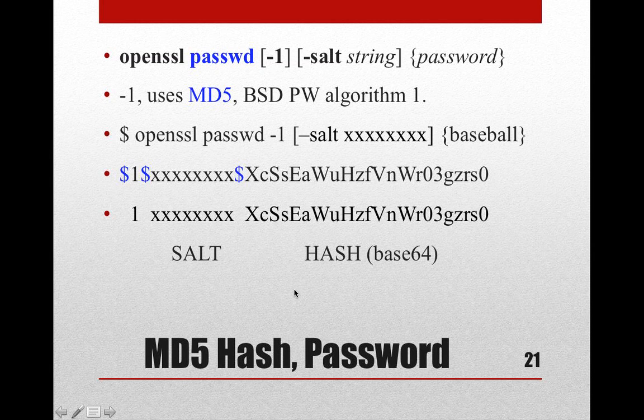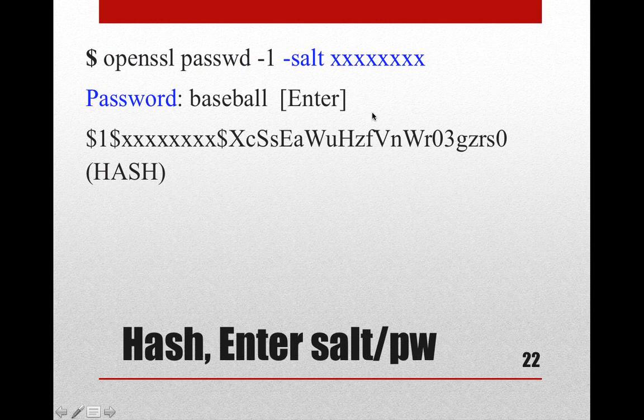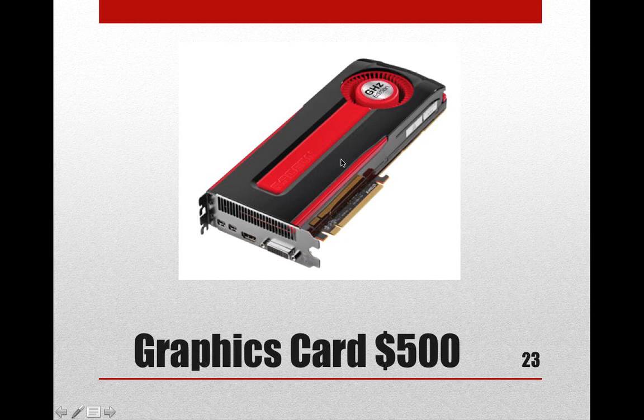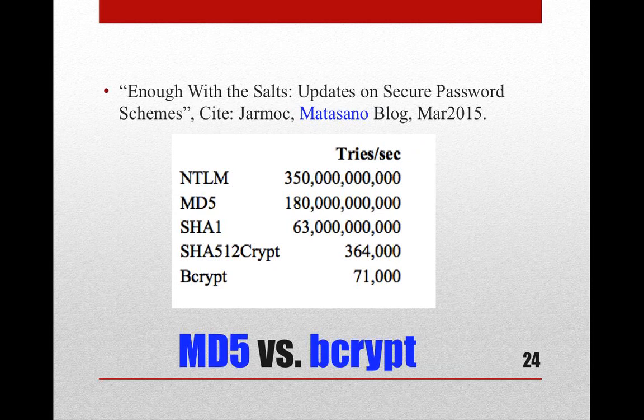I'm sorry, I don't mean to confuse you here, because the Ars Technica article doesn't use any salt, but if you enter your salt in here and the password in here, then it'll come back. This is the same thing that was on the previous page. It'll come back with that. So these are the graphics cards. I think this is AMD, but these are right now around $500.